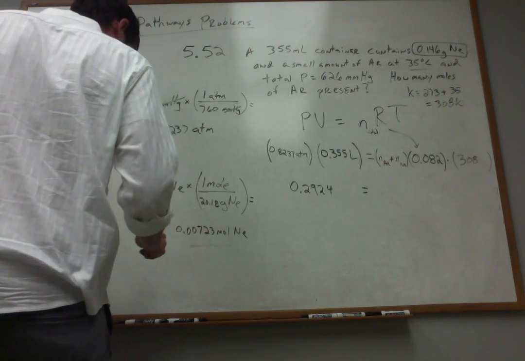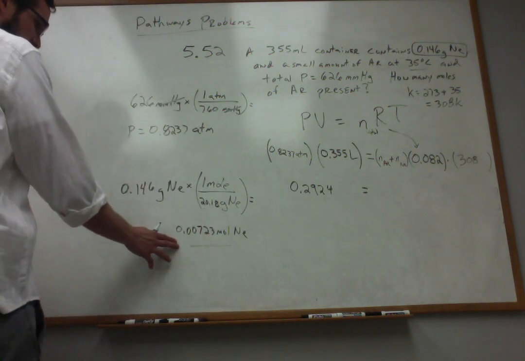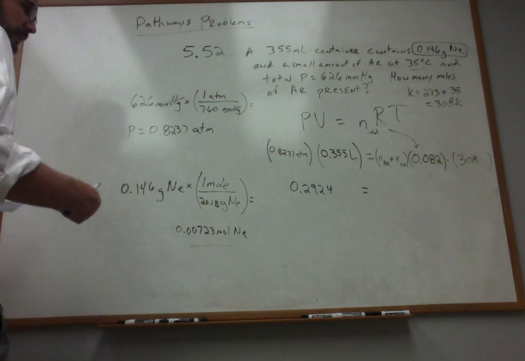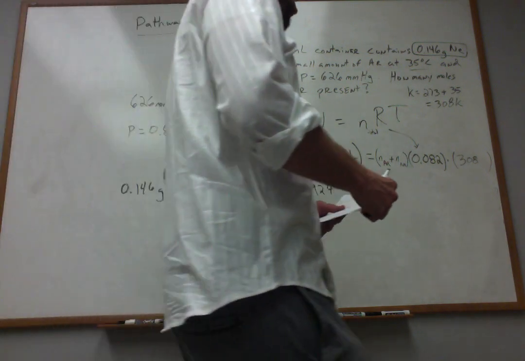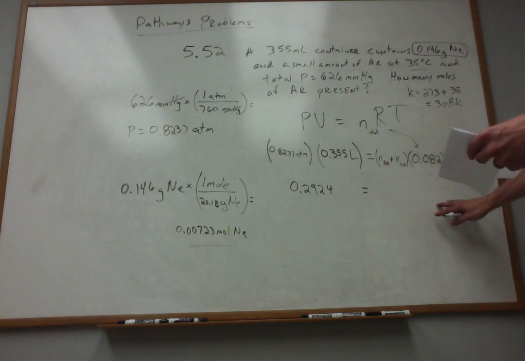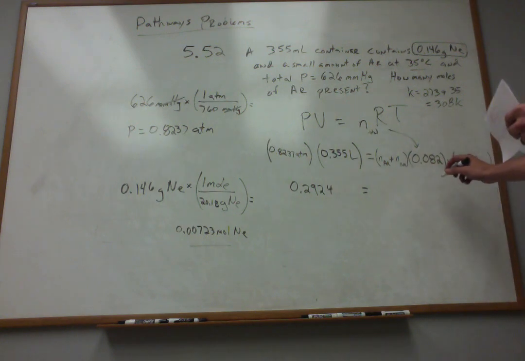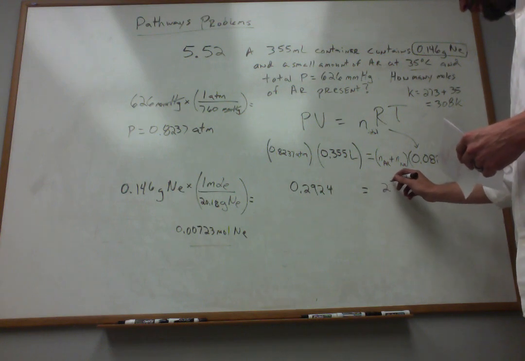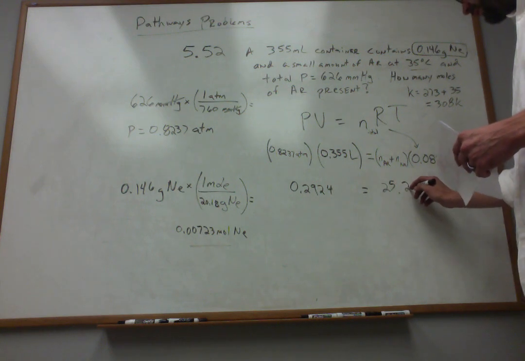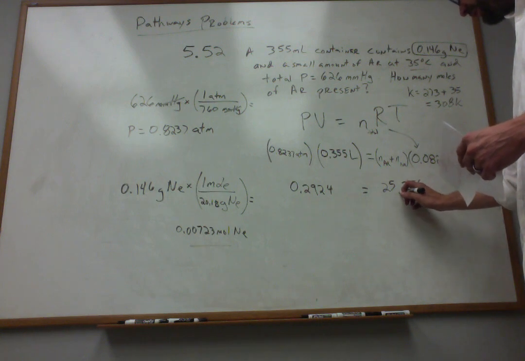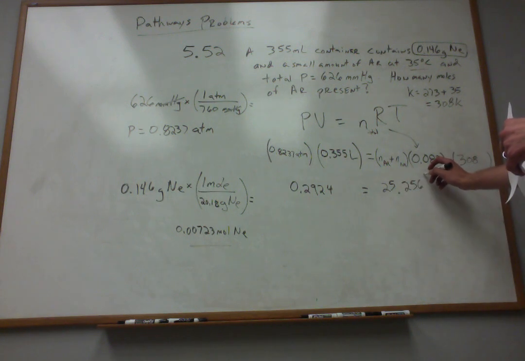So I was told in the problem I had this many grams, which corresponds to this many moles. So fortunately, I can then rewrite this equation. If I take the product of these two numbers, I get 25.256, that's just the 0.082 times the temperature.